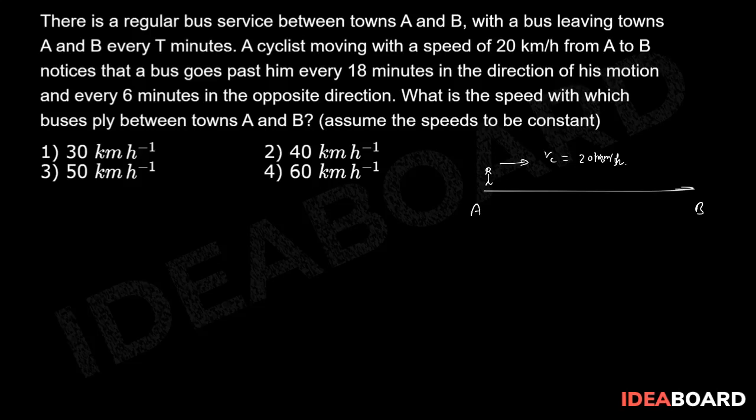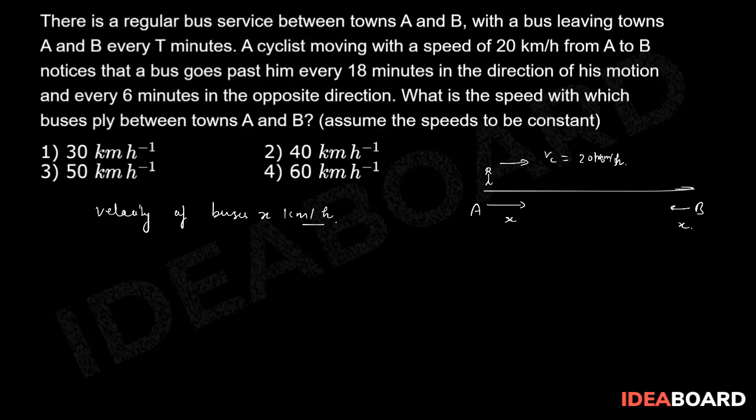Now let us assume the velocity of the buses leaving from A and B is x kilometer per hour. This is our assumption, and now they have given the condition: the time between crossing of the bus from the cyclist in the direction of A is 18 minutes, and in the opposite direction is 6 minutes.